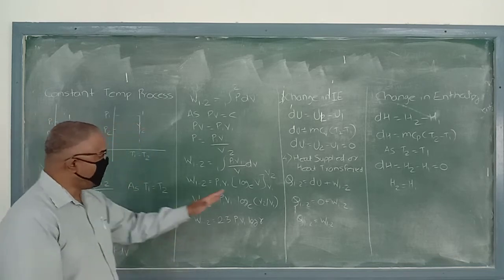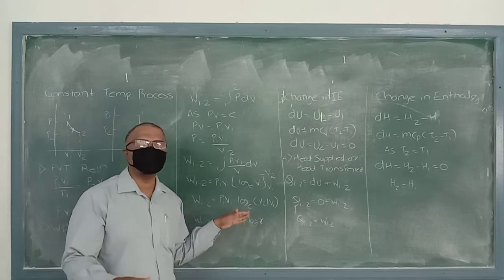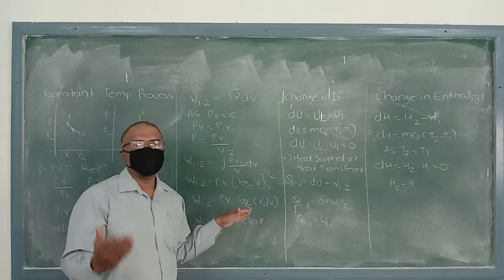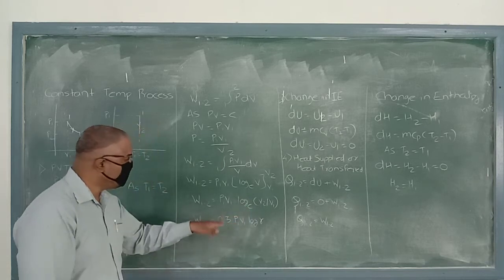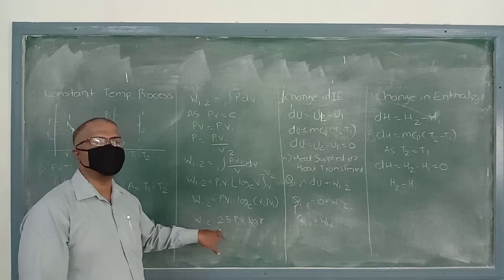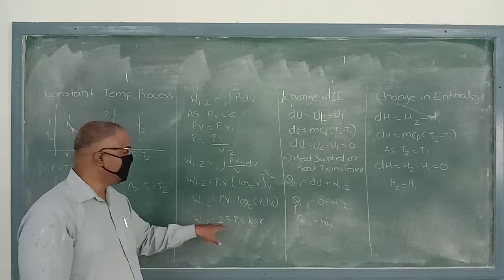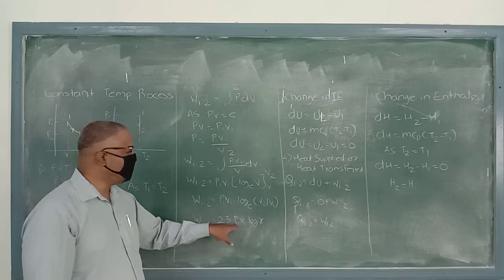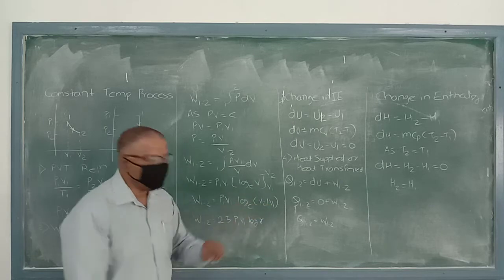To remove this log to the base e, we convert it into log to the base 10. At that time we multiply it by 2.3. So the equation modifies to 2.3 P1 V1 log of V2 upon V1.